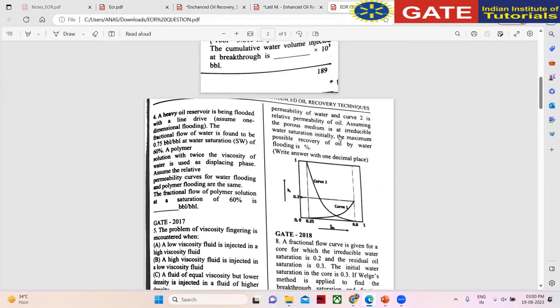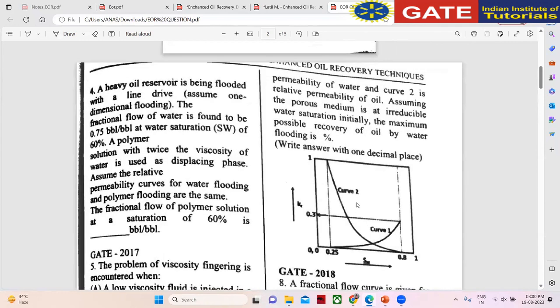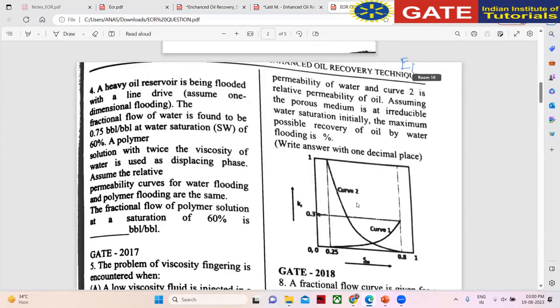Assuming the porous medium is at irreducible water saturation initially, the maximum possible recovery of oil by water flooding is? So you have to calculate ED, the displacement efficiency, using that permeability curve.